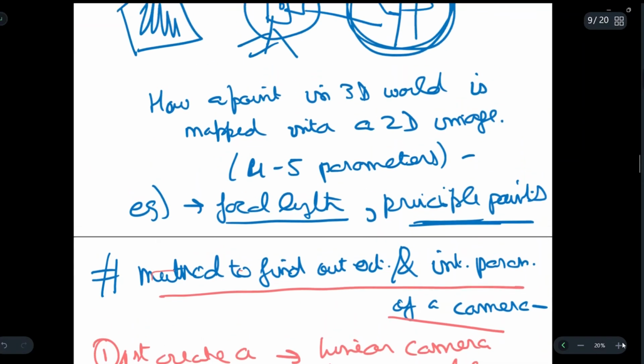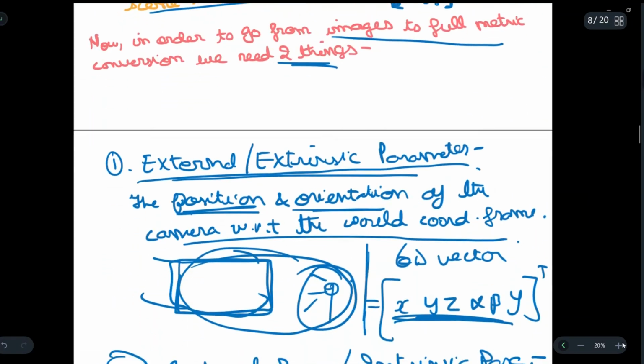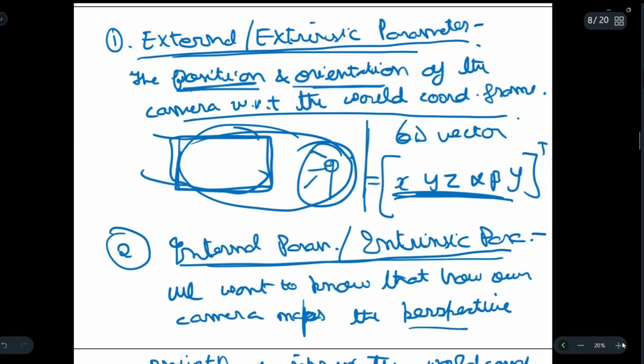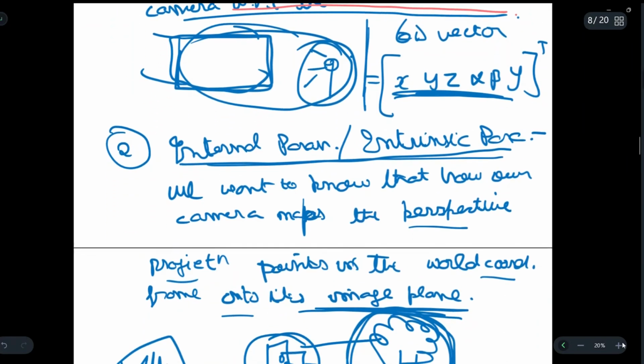I'll just give a small recap of how we find the external and the intrinsic parameters and what they are. The external or extrinsic parameter is the position and the orientation of the camera with respect to the world coordinate frame. Secondly, we have the internal or intrinsic parameter.